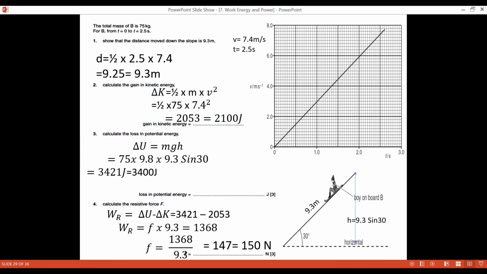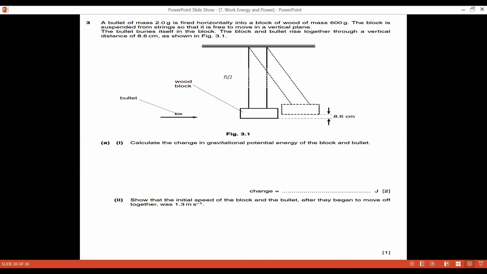Next question. We have a bullet. It hits a hanging block, and both the bullet and the block rise to a height of 8.6 centimeters.